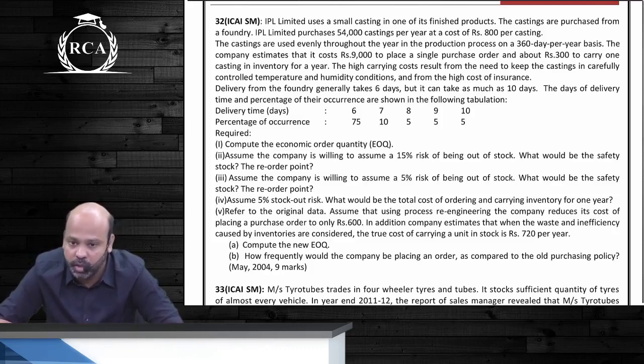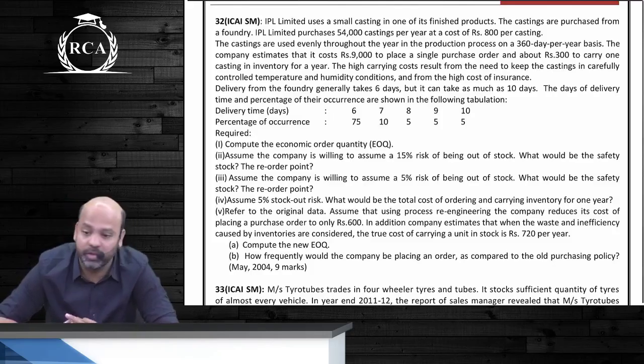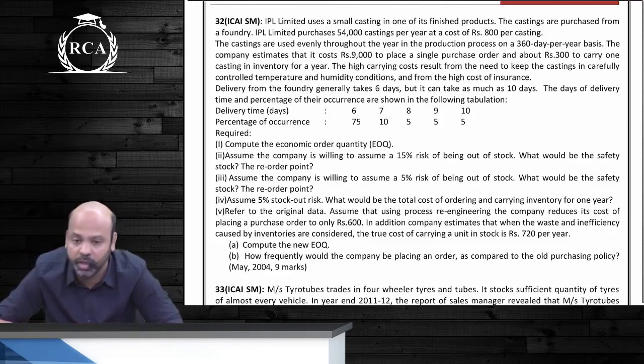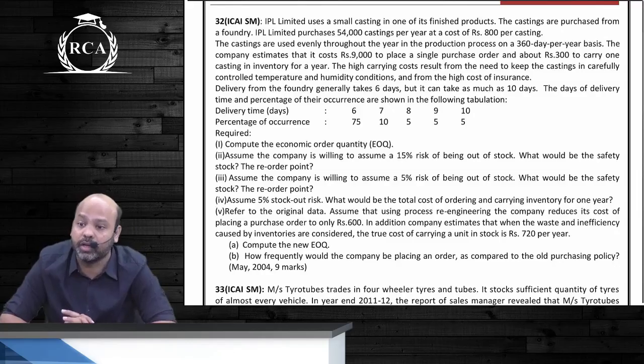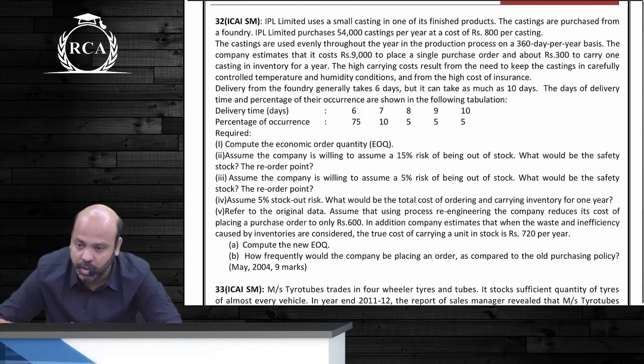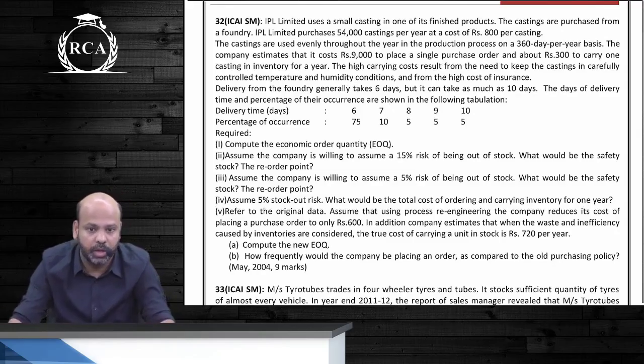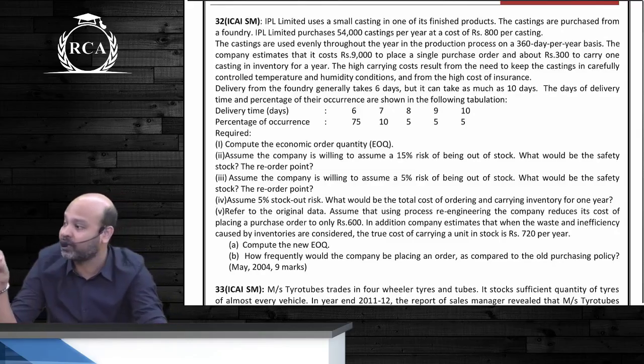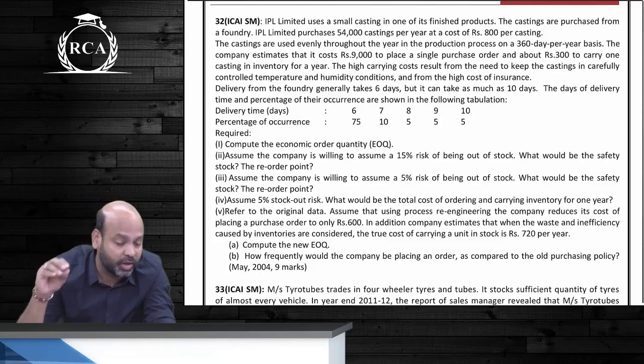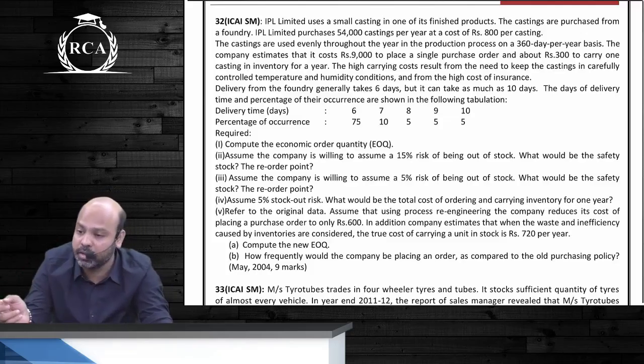But if I maintain my reorder level based on 10 days consumption, it comprises 6 days of average lead time. The extra 4 days will become my safety stock. If my reorder level is based on 10 days, what is my formula for reorder level?